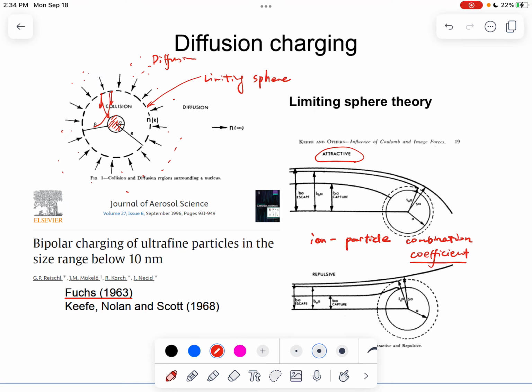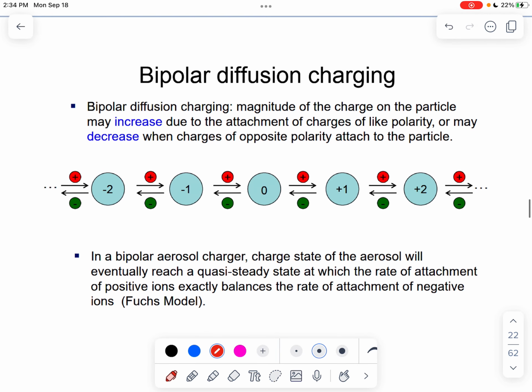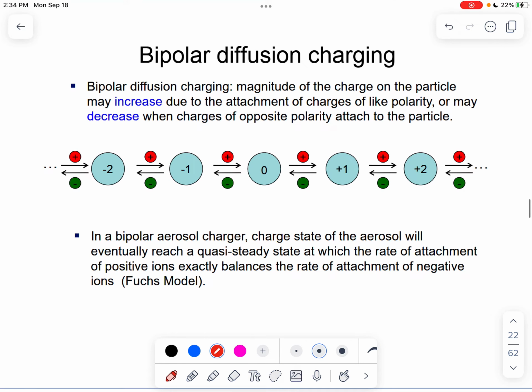So you can see that this coefficient is going to depend on the ion polarity and also the particle polarity. At the same time, it depends on the number of charges carried by the particle. Now if you think about bipolar diffusion charging, when we introduce particles into this neutralizer, as we introduced, there are positive and negative ions.